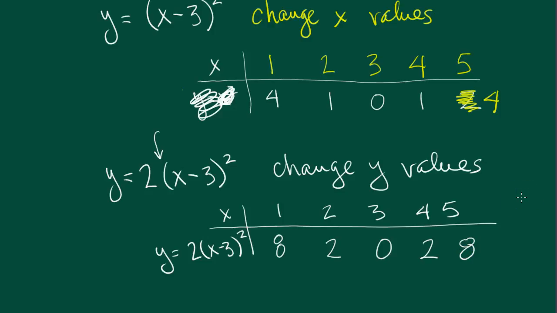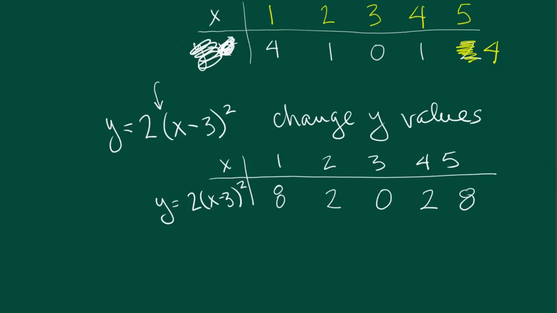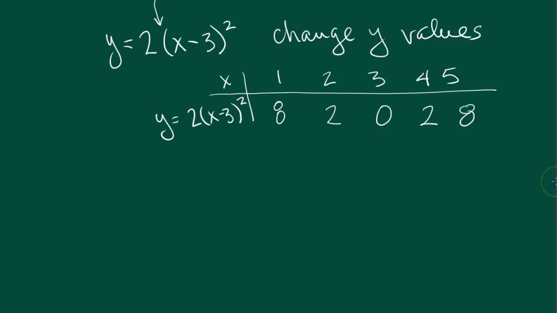Okay, now let's update our drawing. So we started, this is just intended to be a quick and dirty sketch at this point. We started here, we moved here, and then we stretch all of that up by a factor of 2.